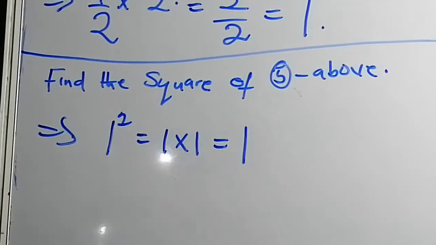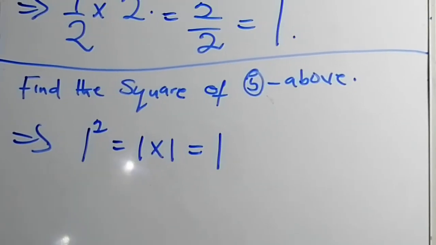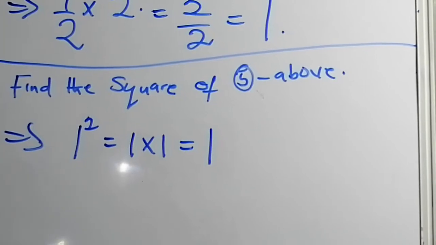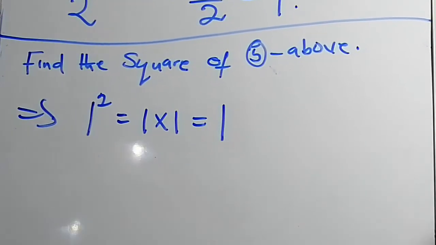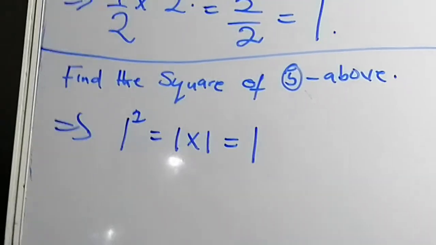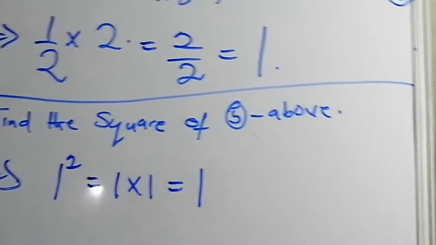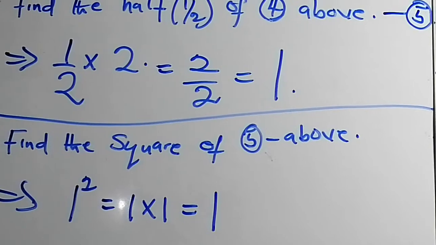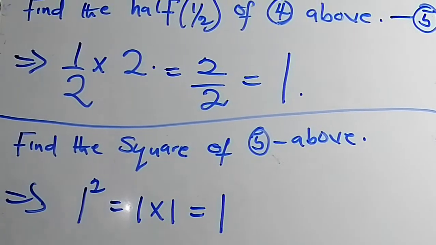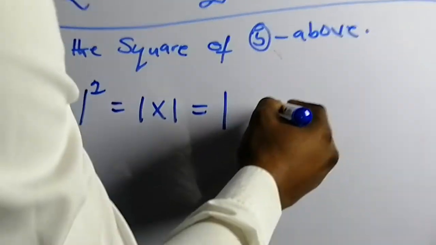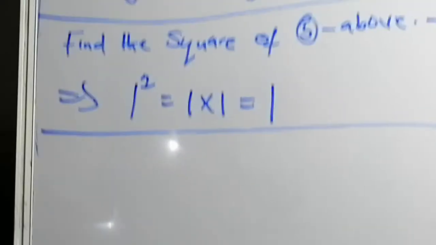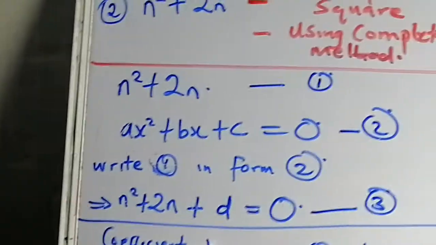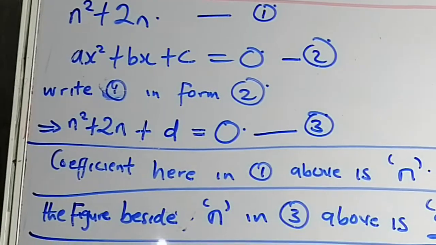So you can see now. I can go ahead and say, don't forget, yesterday I mentioned it, you add the square of the value of the coefficient of n. You understand? But in this case, if you look at the square, let me tag this as 6. So on adding to 1 above, the value that we are looking for is 1.